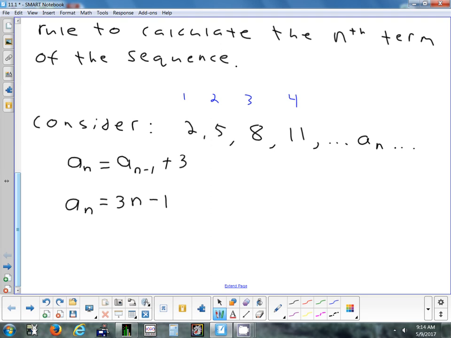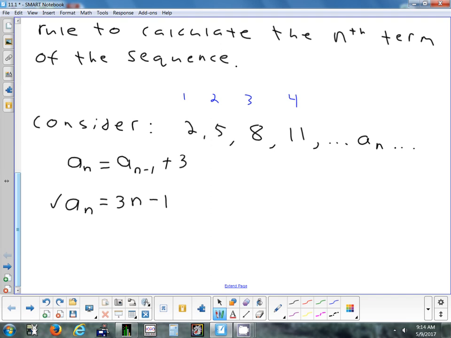Let's check it here. The 4th term. What's 3 times 4, minus 1? Oh, there's the 11. Let's try the third one. 3 times 3 is 9, minus 1? Here's your 8. So this type of formula is a better one if we can come up with that, because it doesn't rely on knowing any terms before it. I could just find the 200th term.